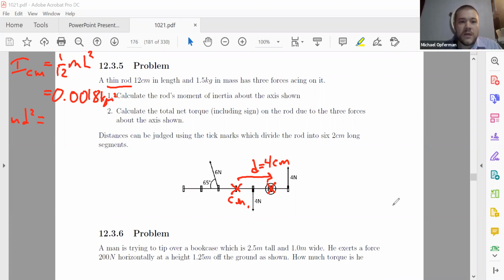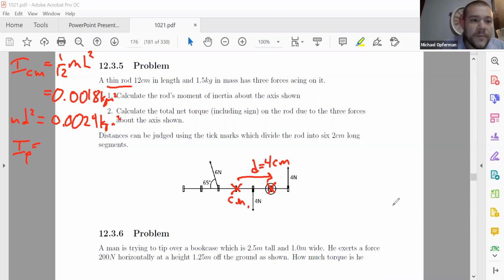It's going to be 1.5 kilograms times 0.04 squared. And that gives me 0.0024 kilogram meter squared.